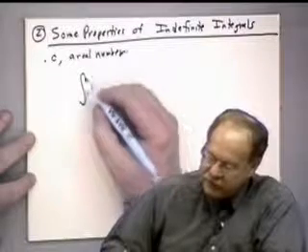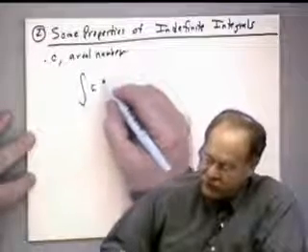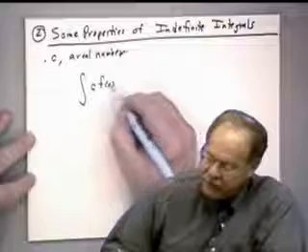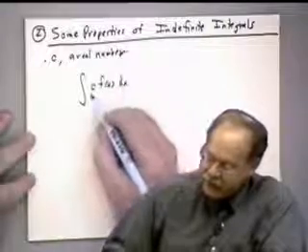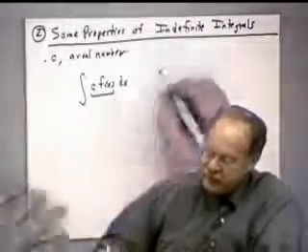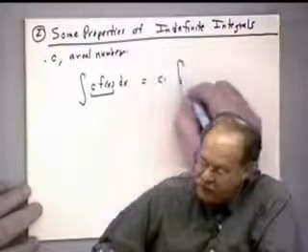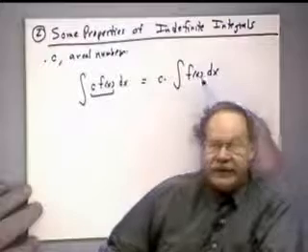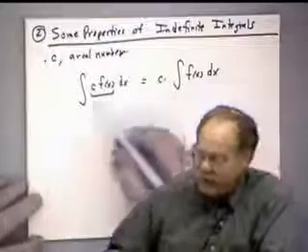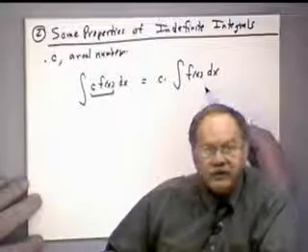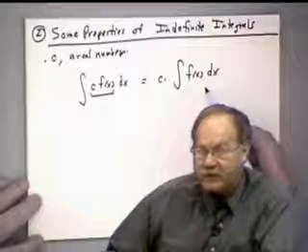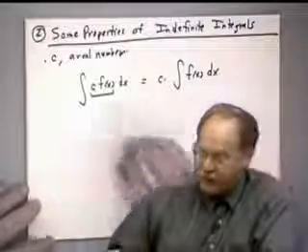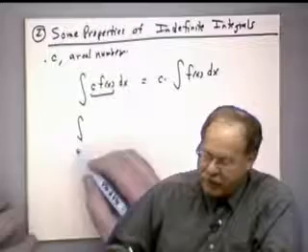If you have the antiderivative, or the indefinite integral, of c times f of x dx, so here is your integrand, c times f of x, the c can come out front and just leave you with the indefinite integral of f of x. Now that should sound familiar because this rule holds for limits. It also holds for derivatives. Constants come out front. Here are two other rules that you may remember.